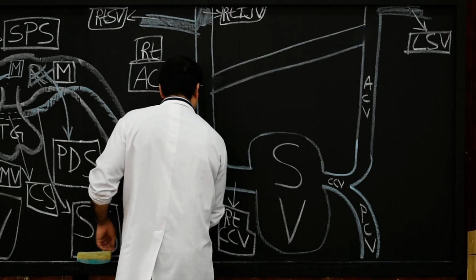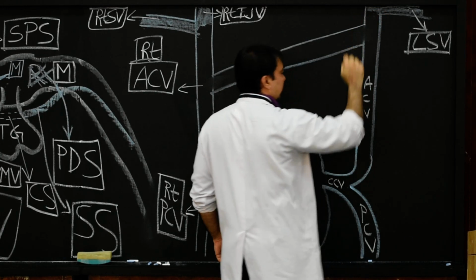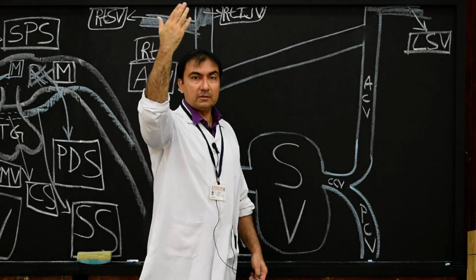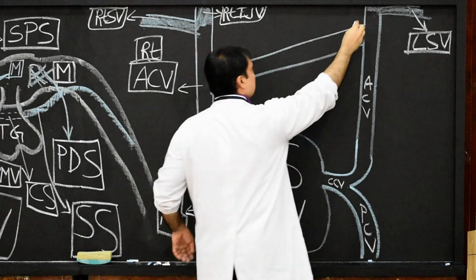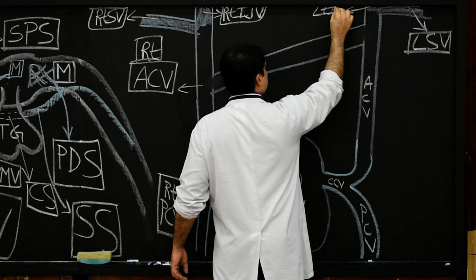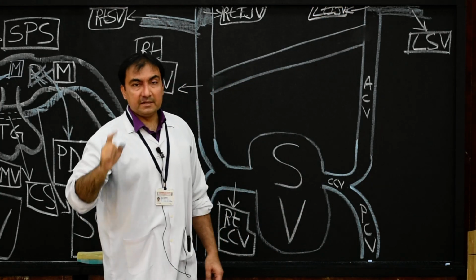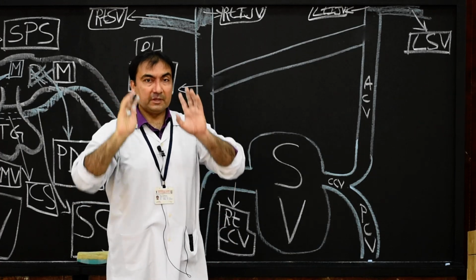And same way over here, I don't have space here, but the portion of the left anterior cardinal vein above the opening of the left subclavian vein will be known as the left internal jugular vein. So internal jugular veins will develop from the anterior cardinal veins above the opening of subclavian vein.